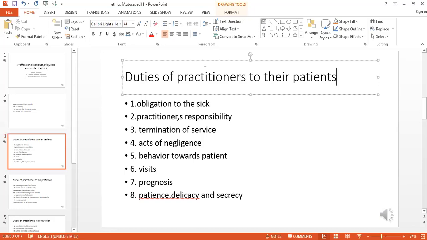So this is his first duty, his obligation to treat the sick except in case of emergency.